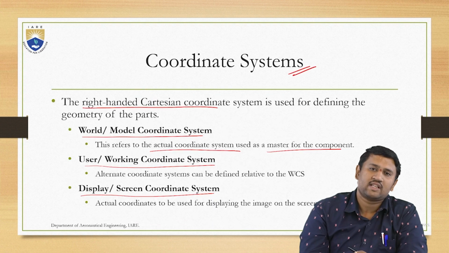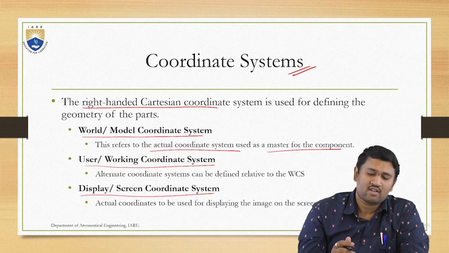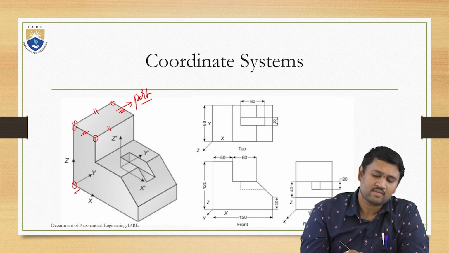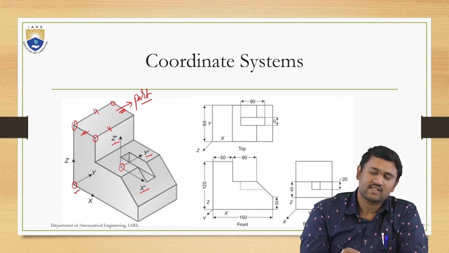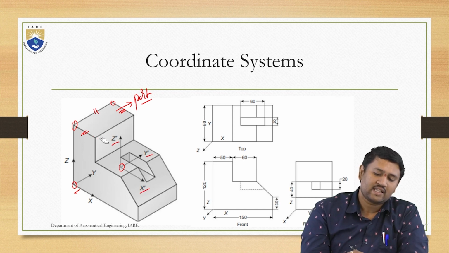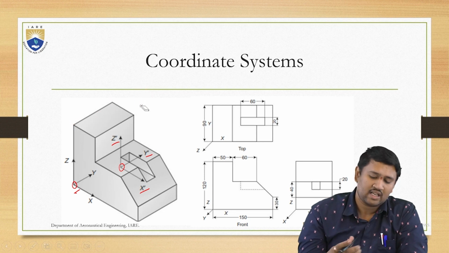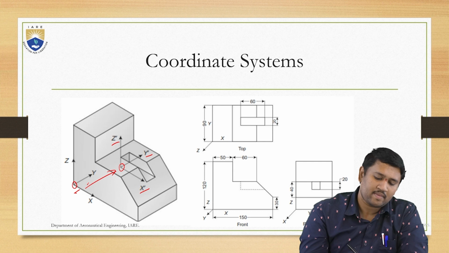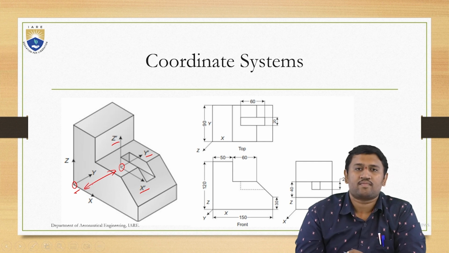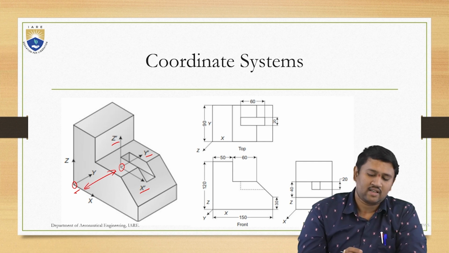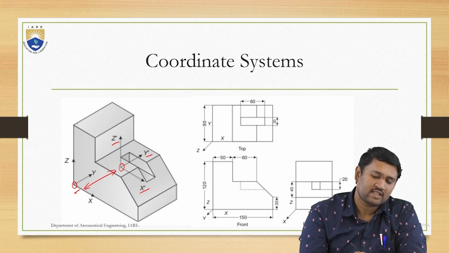Now coming to the next, the user or working coordinate system. For this coordinate system, you will be defining a coordinate system, in this case x, y, z and z dash, which is parallel in accordance to your primary Cartesian system. For example, I want to create a sketch at this face.